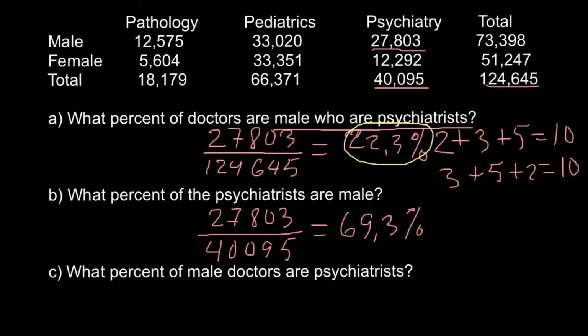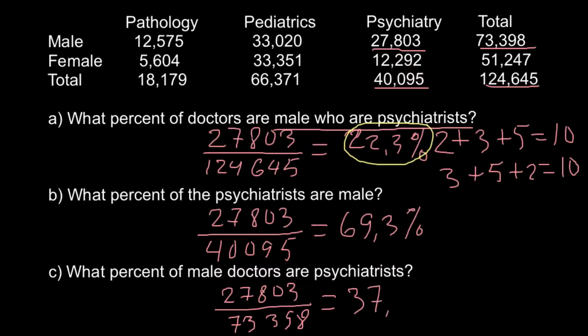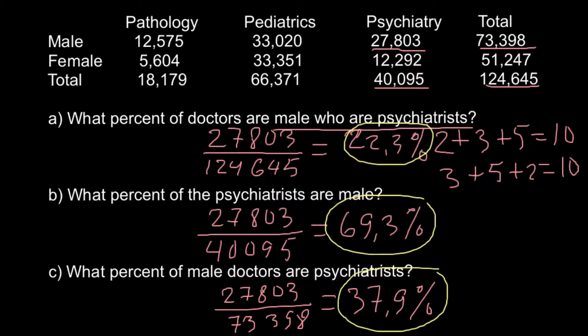So once again, we divide 27,803 by the total number, that is 73,398. The answer here would be 37.9%. And of course, all these numbers are rounded. I just rounded them to one decimal place.